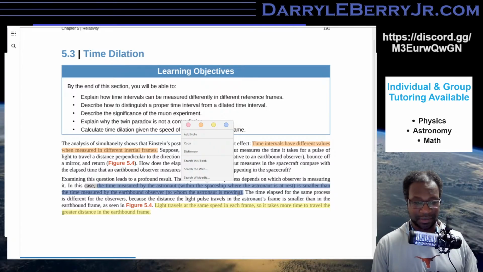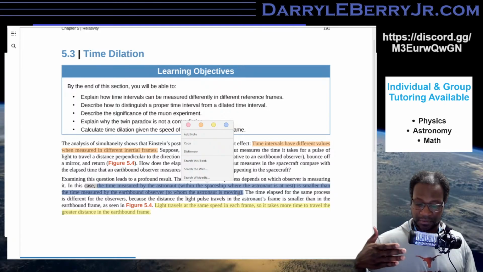So basically, the measurement of time that happens in the same location, the proper time, is going to be the shortest amount of time. It's perhaps not quite accurate to say, but it could be looked at as the most objective time. It's the time that's measured at the same event, at the location of the event.